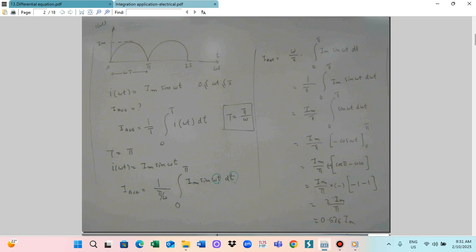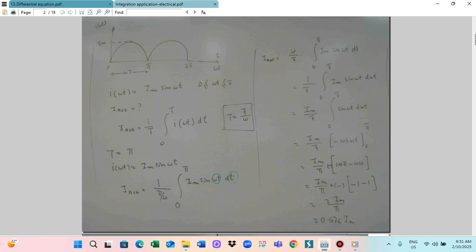Alright, then we have to substitute. I of omega t is Im sine omega t. So this one is substituted here. T is equal to pi, so T is similar to pi. And also you can substitute I of omega t, which is equal to Im sine omega t.